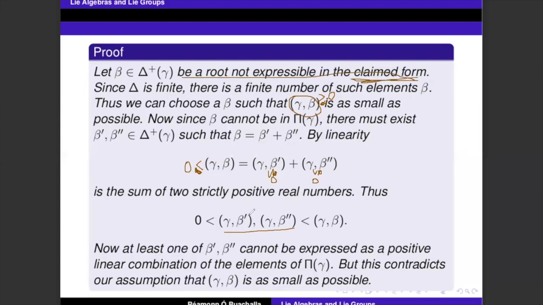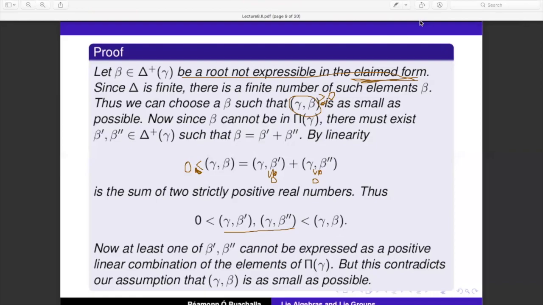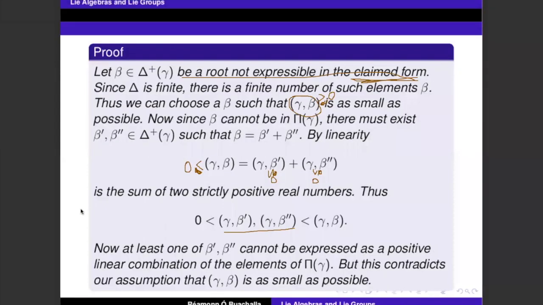So we have to conclude that at least one of these isn't, but then that contradicts our assumption that gamma beta is as small as possible. So basically, to avoid contradiction, we'll have to conclude that no such beta can exist.